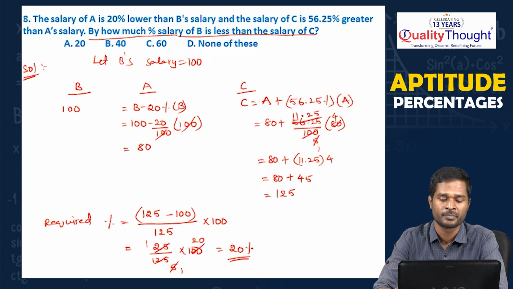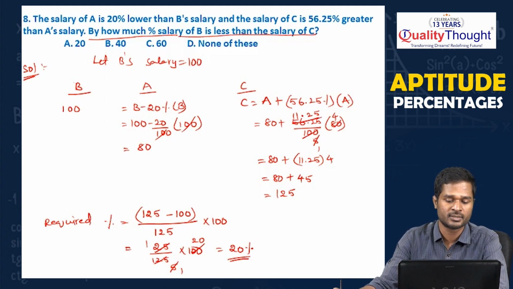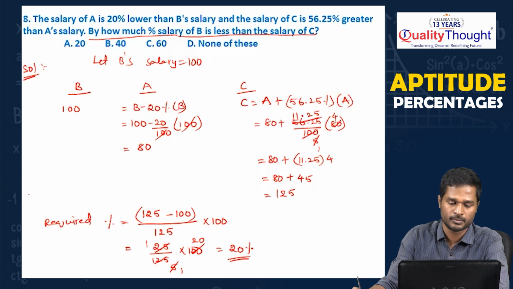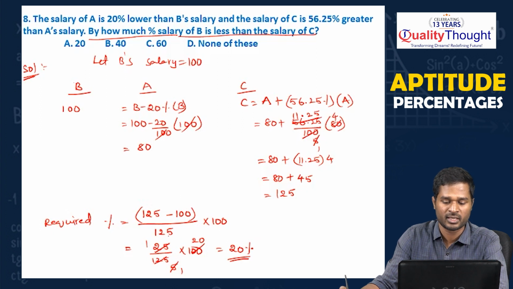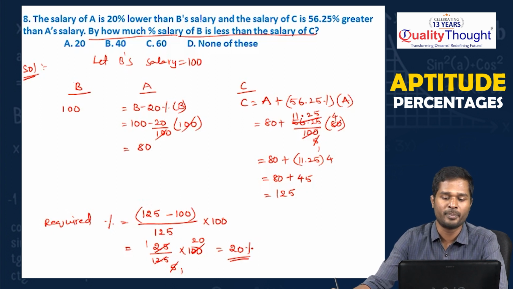Now, he is comparing the salaries of both B and C. So required percentage is C minus B by C into 100. Why have we written C in the denominator? Because the difference of salary is being compared with the salary of C. That is why we have written the C value in the denominator. So 125 minus 100 is 25 by 125, which will be equals to 20%.